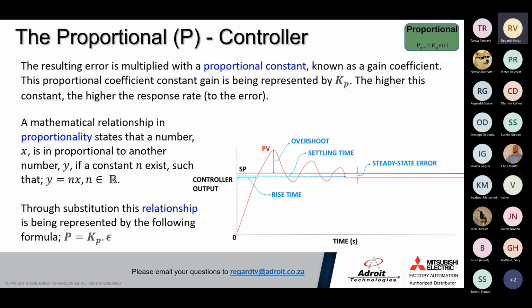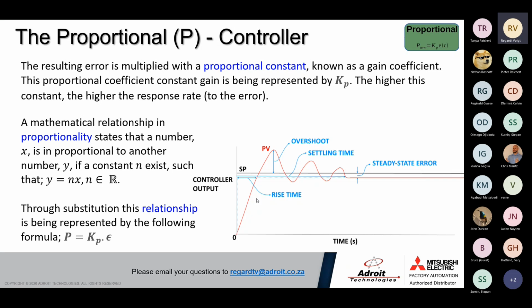So as I mentioned, the P gain element of this formula has a huge effect on the output of your PLC, your VFD or your valve.